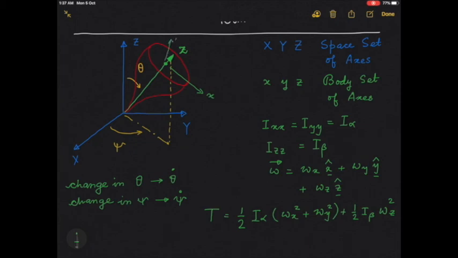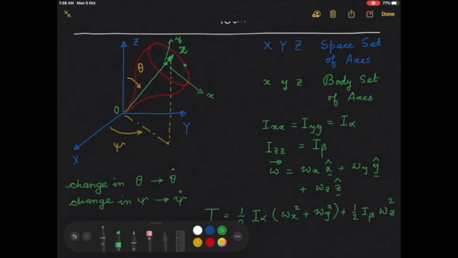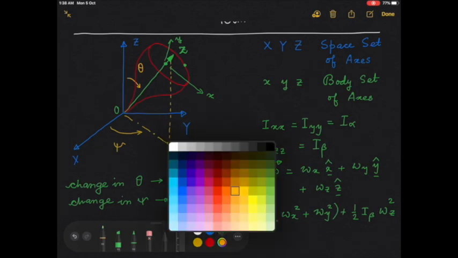Here is my small x axis and small y axis will go somewhere there. I should have drawn these small x and small y axes at the origin, but it will make things complicated, so I have drawn them there. And if I have a bead here, any point here, there can be a rotation with respect to that point. So let me choose a different color now. I'm running out of colors, I guess.